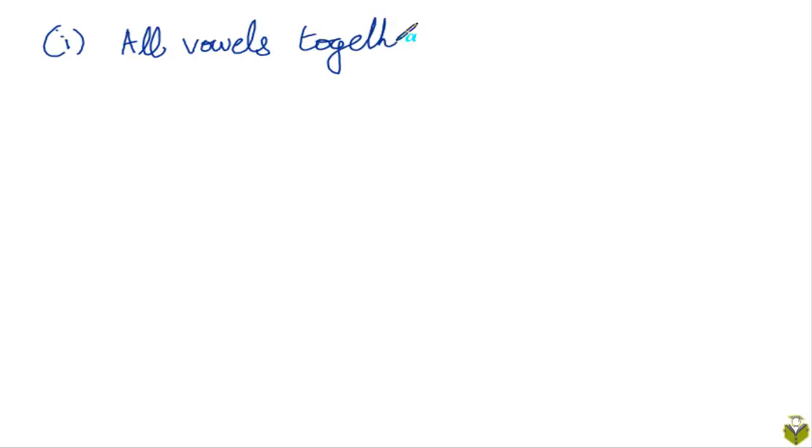So the first part was where we wanted all vowels to be together, right? And we have done such a question before. The first task is to identify what the vowels are in independence.